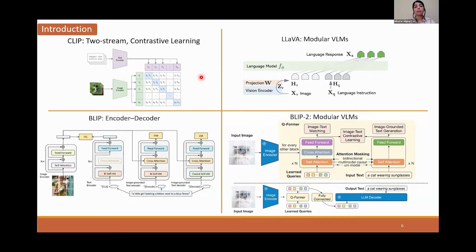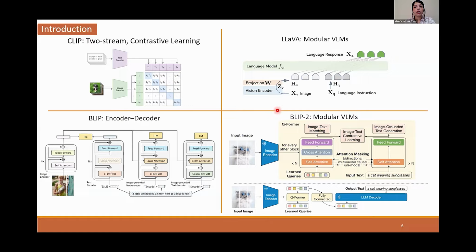This enabled BLIP to be utilized for reasoning tasks and captioning tasks, while, for example, contrastive-only approaches, VLMs like CLIP, cannot be utilized for reasoning or captioning tasks. But here in BLIP, all the encoders and the decoder are learnable during the training. So as is predictable, the computational cost is very high.